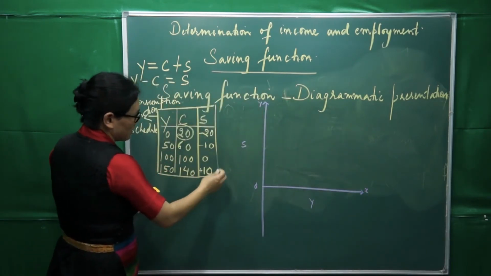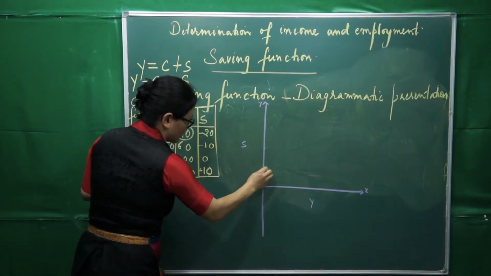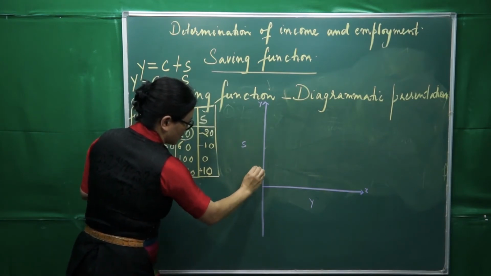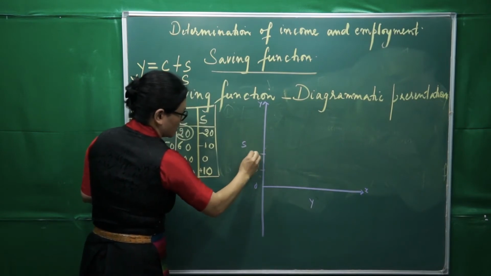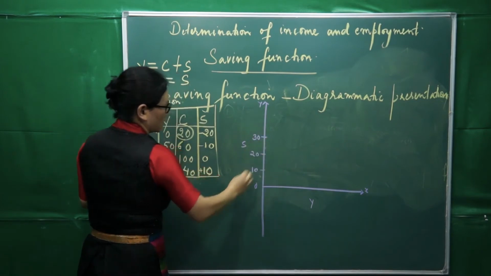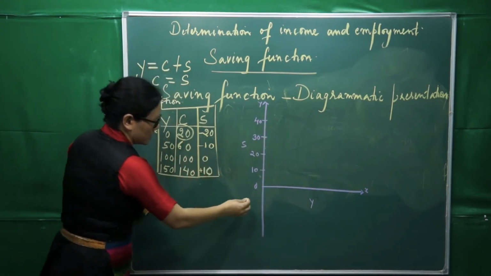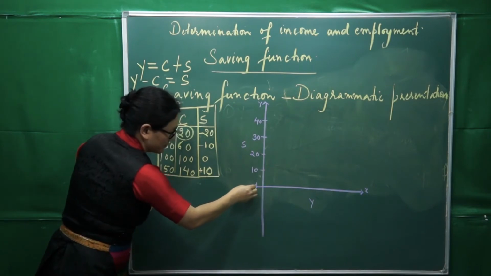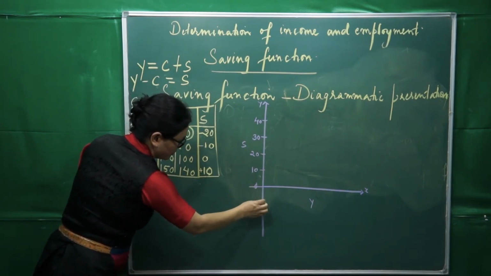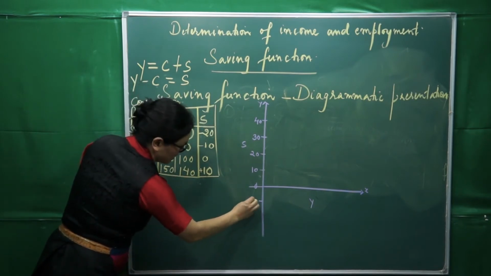Okay, now saving, we can start. Right? Enough. Then we have negative.